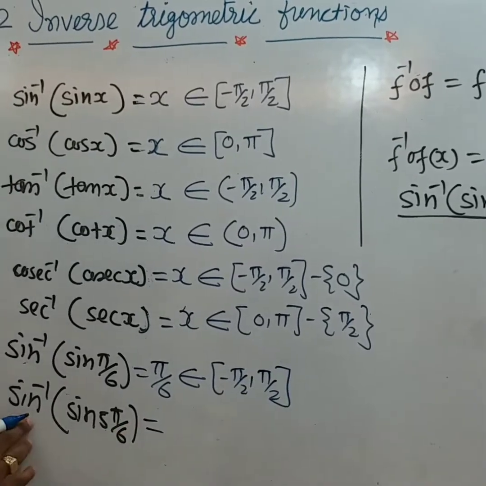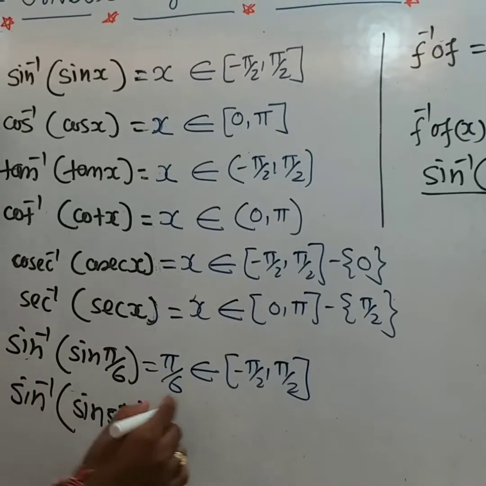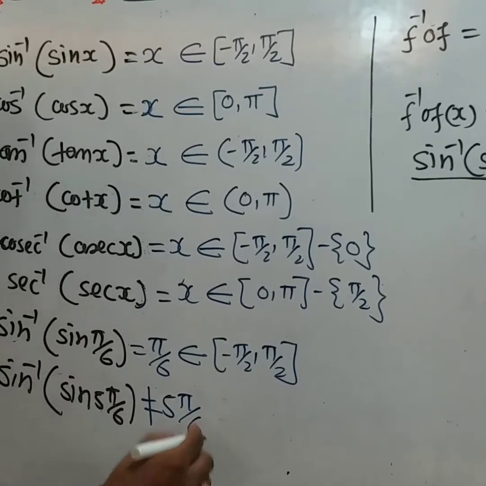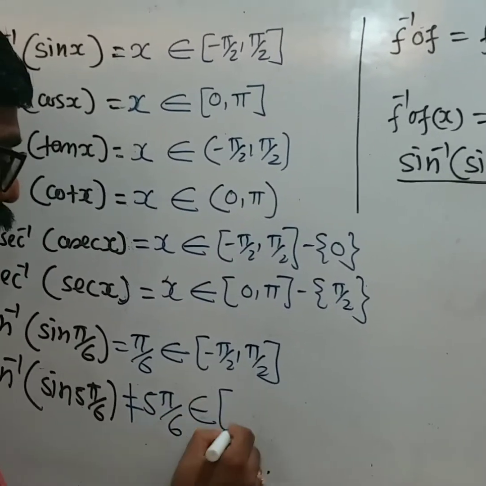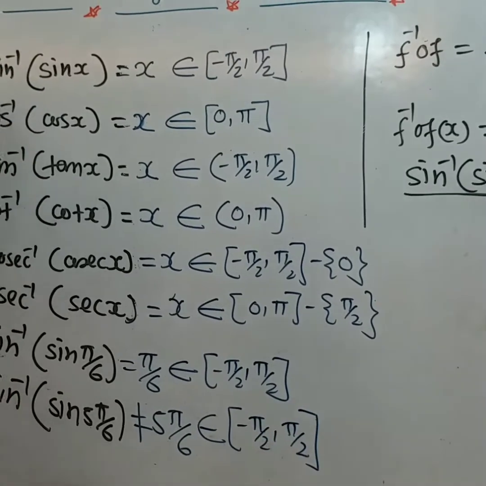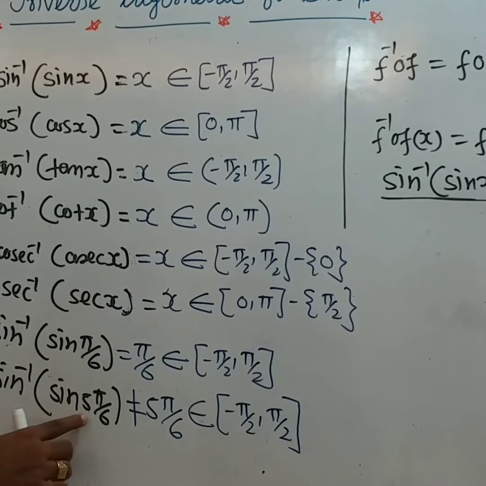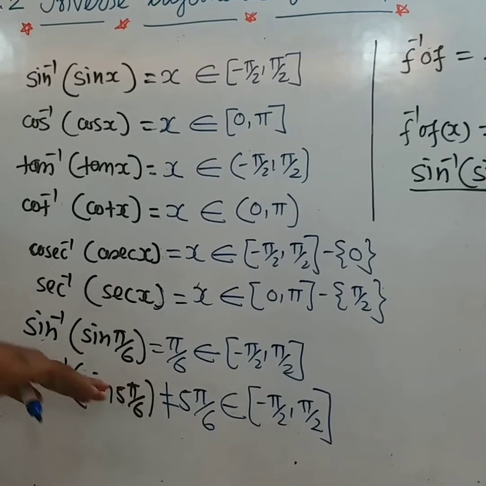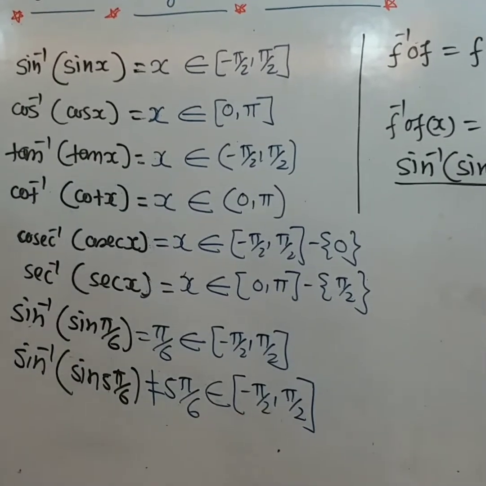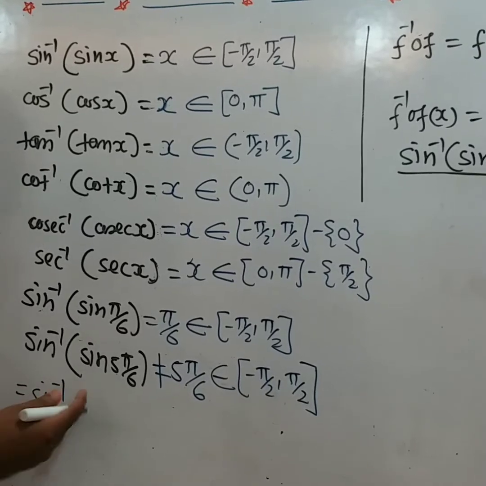But if sine inverse of sine 5 pi by 6 is given here, then we cannot write 5 pi by 6, because 5 pi by 6 does not lie in this interval. Understood? To solve this sum, we have to convert 5 pi by 6 into some other angle which belongs to this interval.